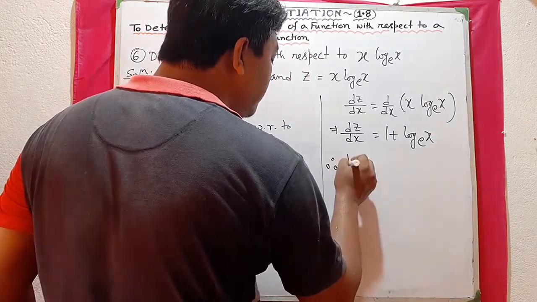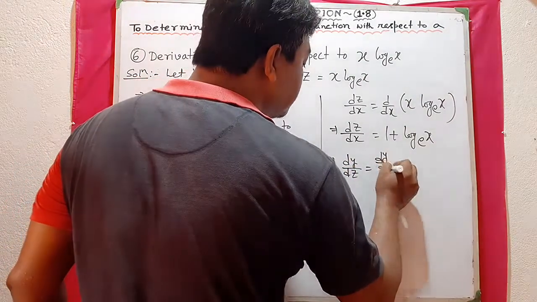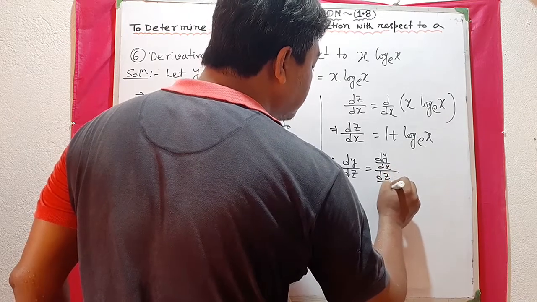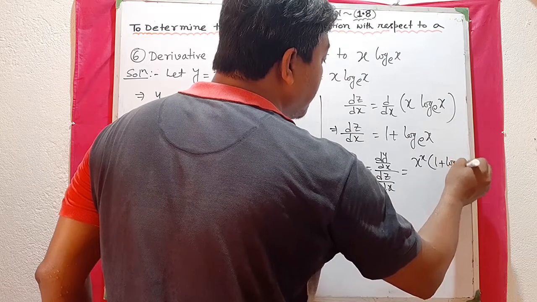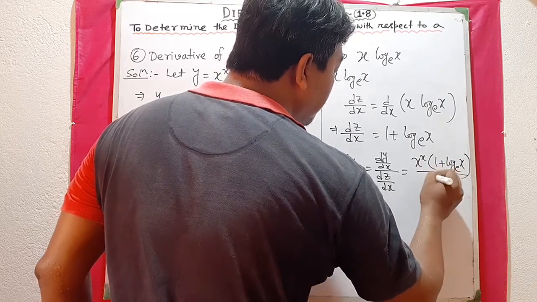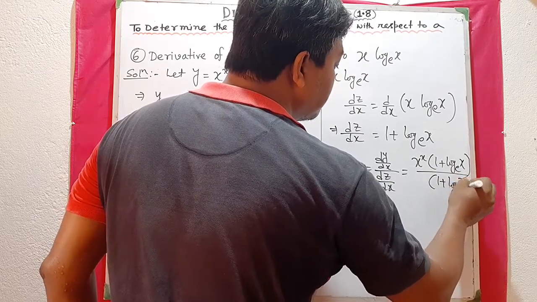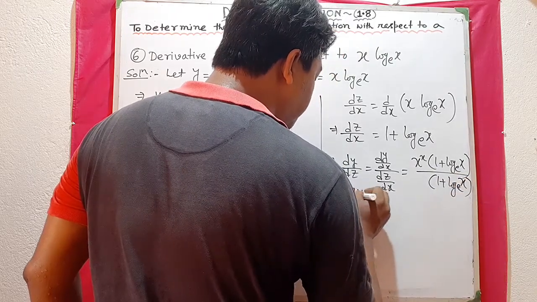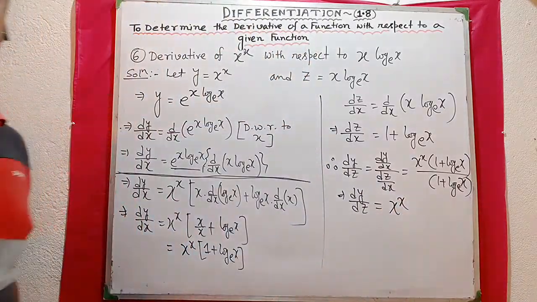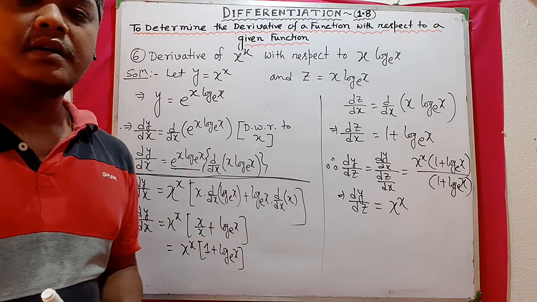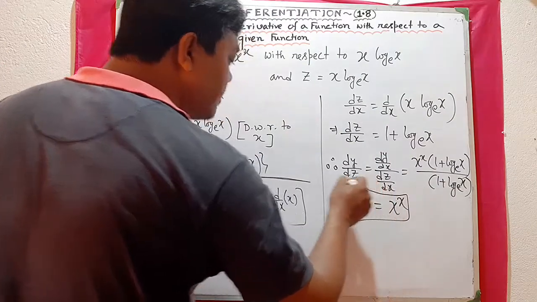So therefore dy dz equals to dy by dx by dz by dx, that is x to the power x, 1 plus log x base e by 1 plus log x base e. So dy dz equals to x to the power x. Clear? X to the power x. That is our required answer.